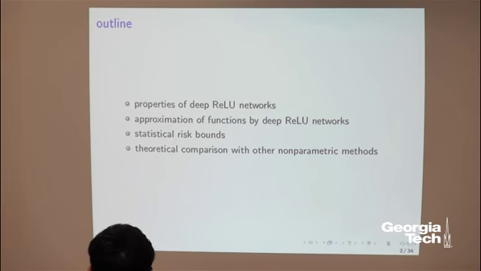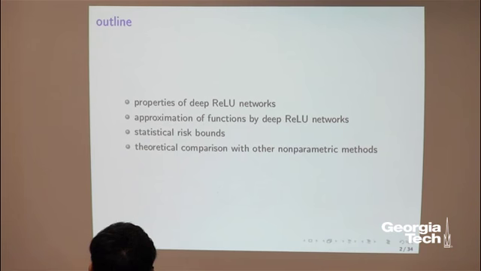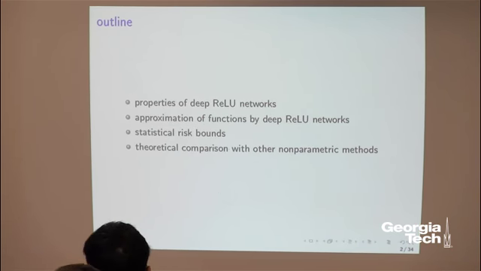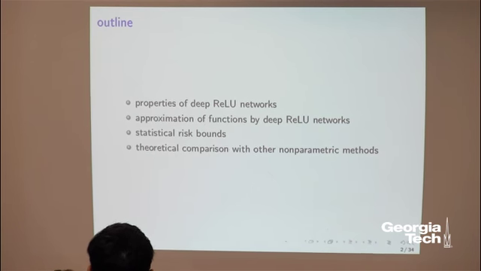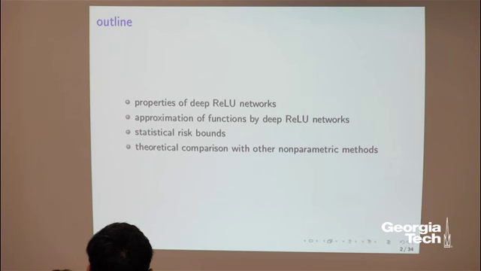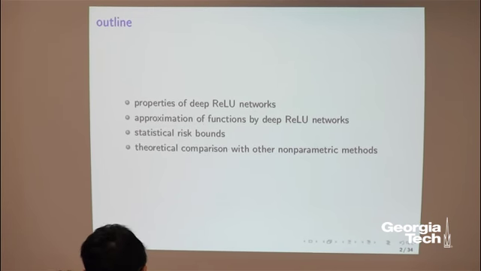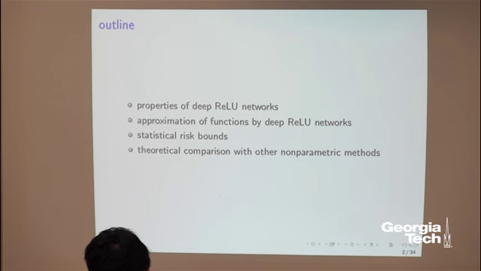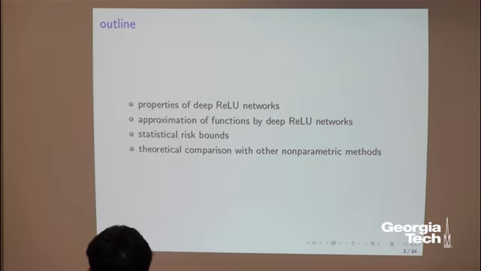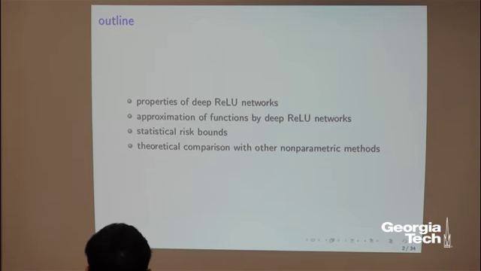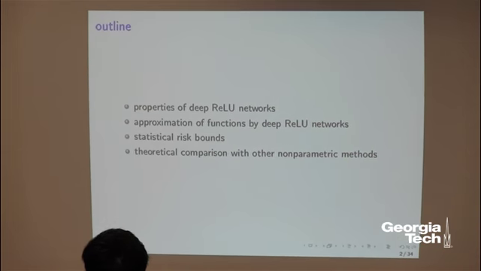Today we will continue with this, and then we will go further and develop more approximation theory for deep ReLU networks, and then apply that to statistical problems. Depending on how much time is left, I will then in the end talk about how you can relate these statistical bounds to the bounds that you would obtain for other statistical or machine learning type methods.